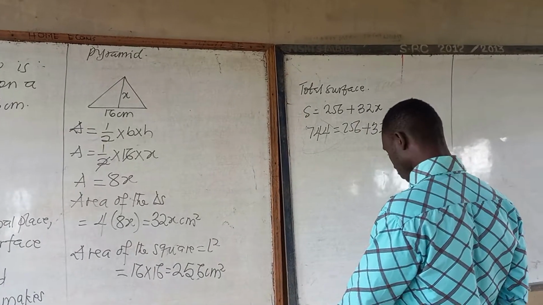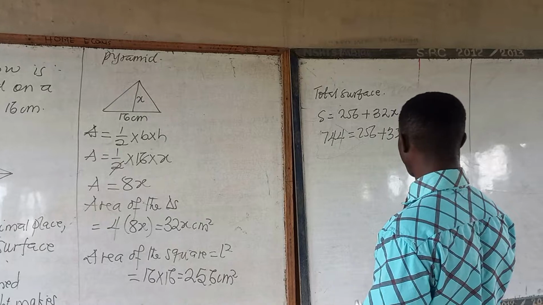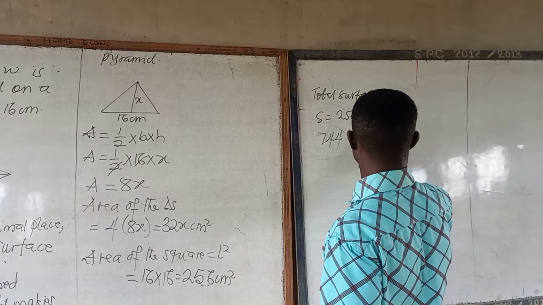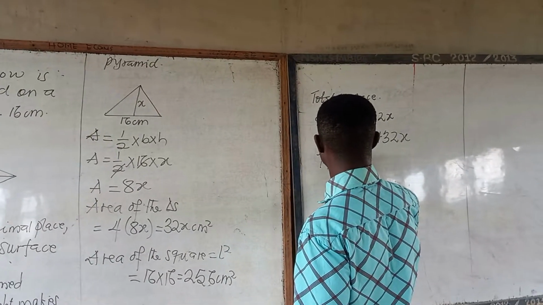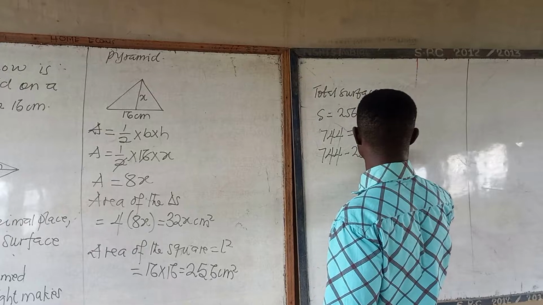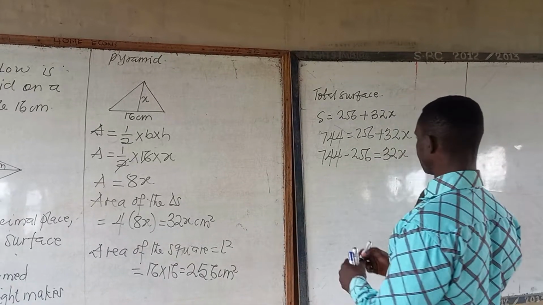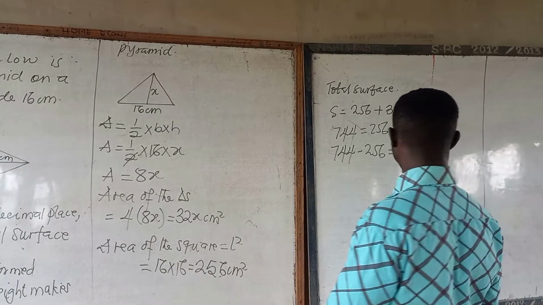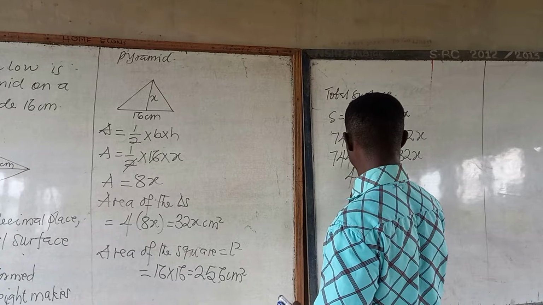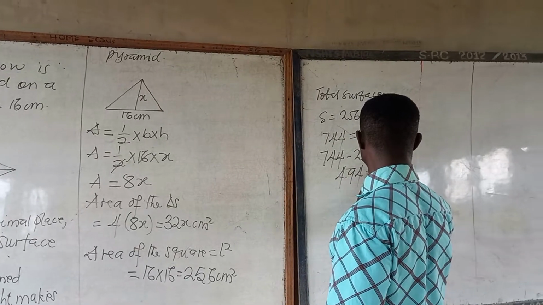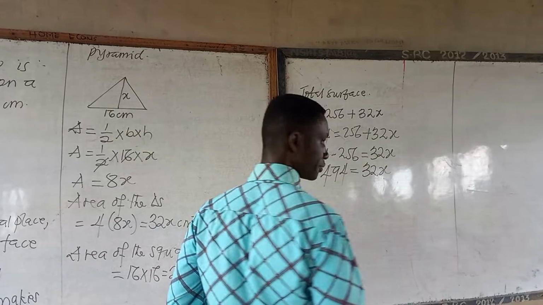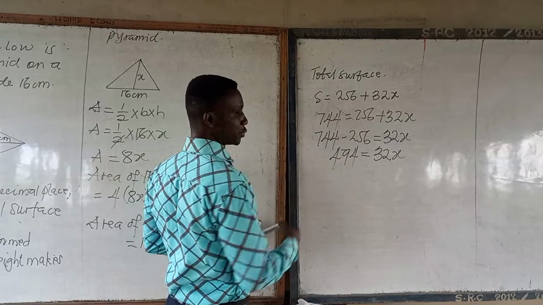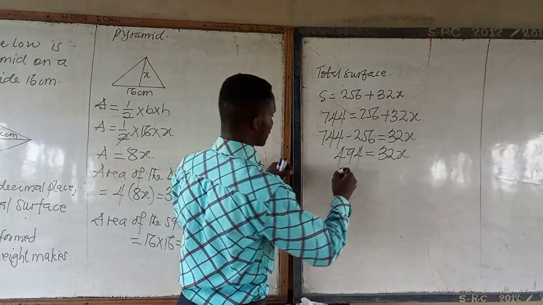Now what do we do? We group like terms. Grouping like terms, we shall have 744 minus 256, which is equal to 32x. 744 minus 256 is 494. So 494 is equal to 32x. Now, I divide through by 32 to get the value of x.